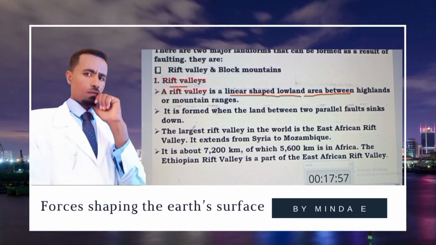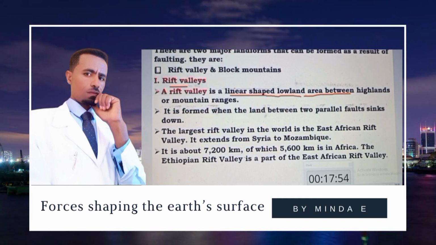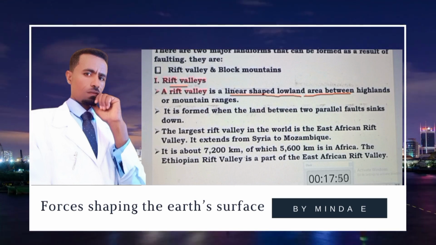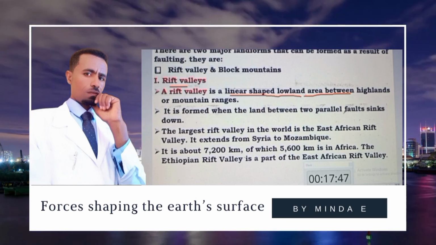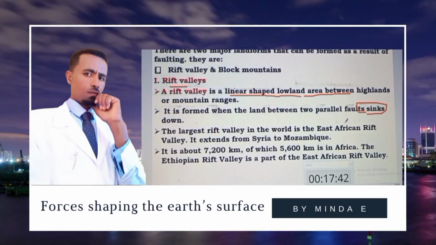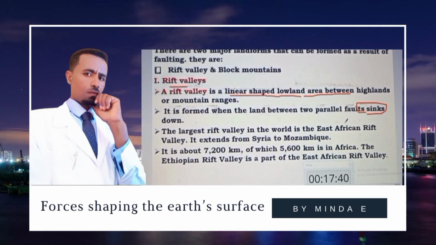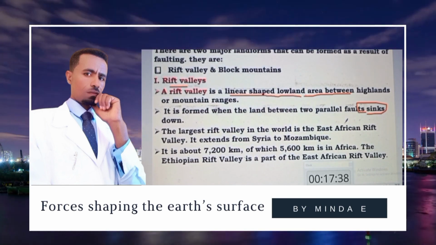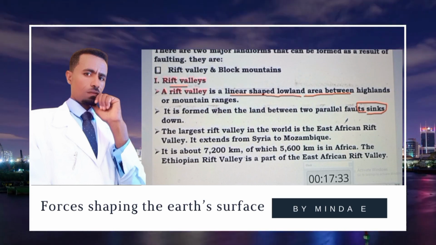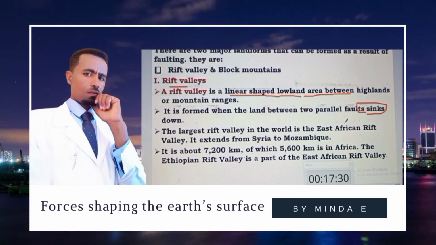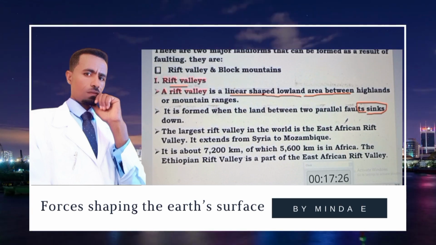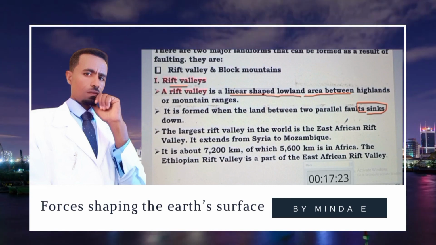So Rift Valley is formed when land between two parallel faults sinks down. Rift Valley is the result of sinking. When faulting happens on a given area, the outcome will be either sinking or uplifting.